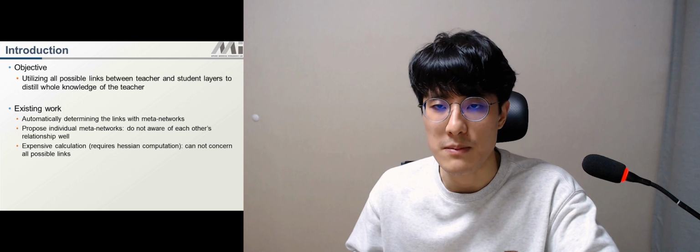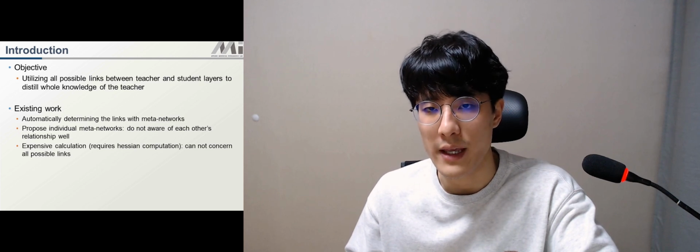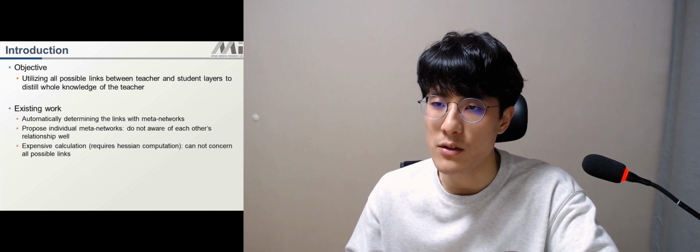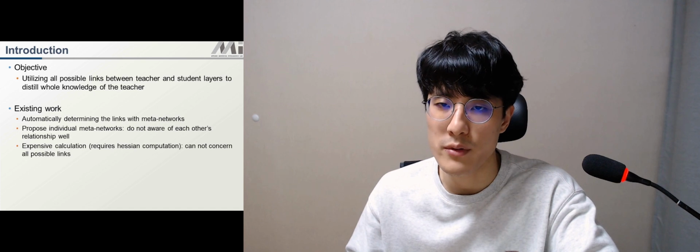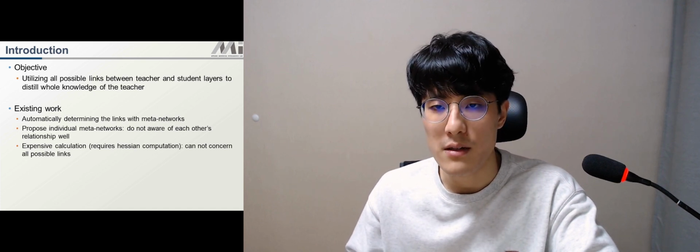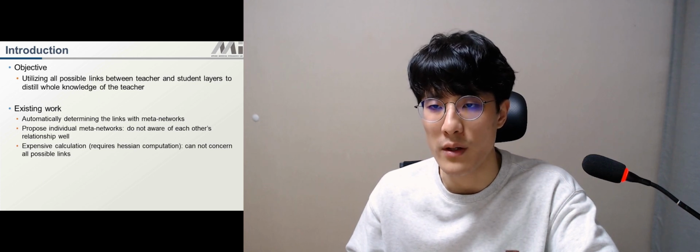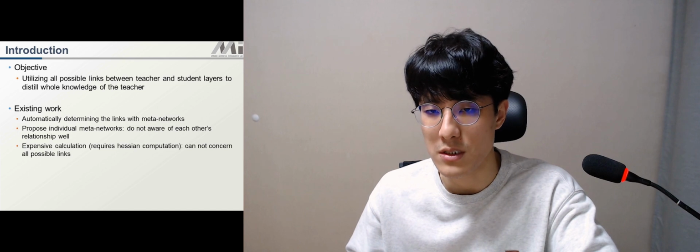Let me briefly explain our research again. We aim to distill the knowledge that can be expressed in each layer of the teacher to the appropriate student layer among possible links. There is existing work that studies how to learn where to transfer the teacher's knowledge.